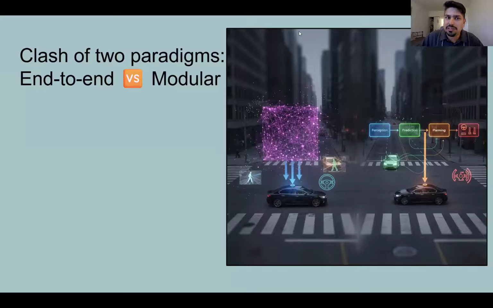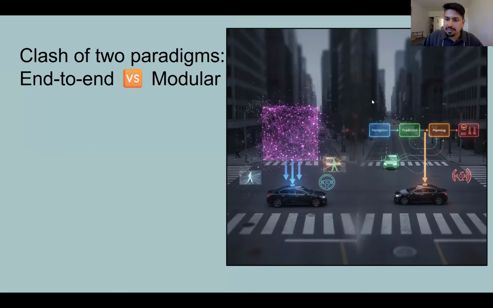It is the most simple to understand: you have camera sensor inputs, a large neural network with multiple layers, and then the output is the steering wheel or throttle. So this is one side of this paradigm.